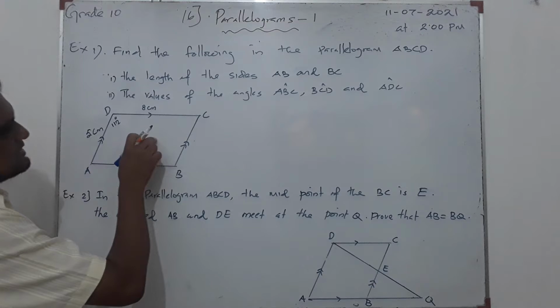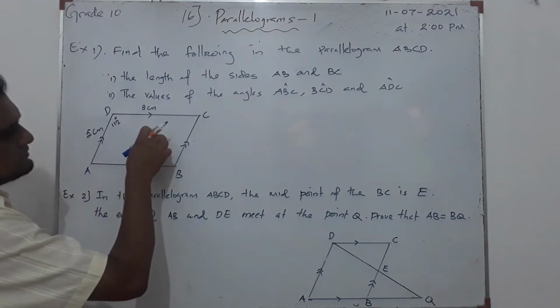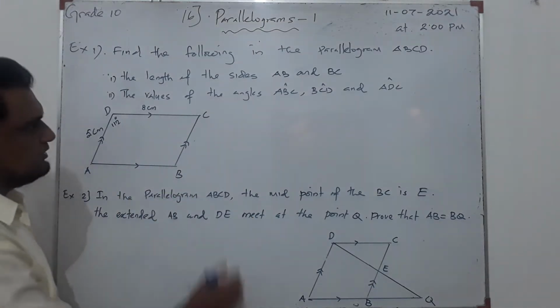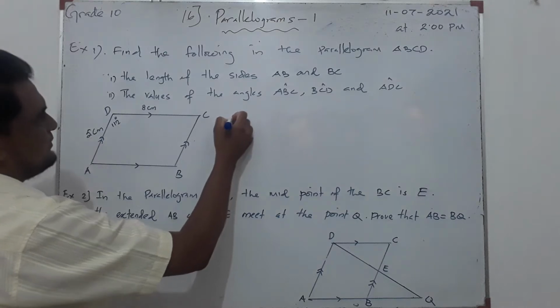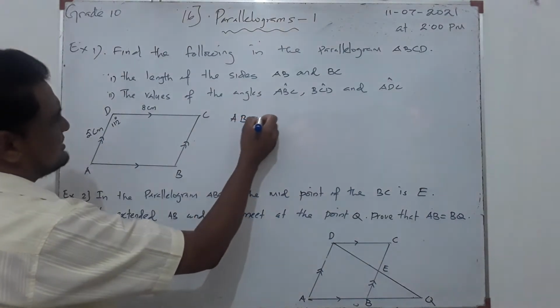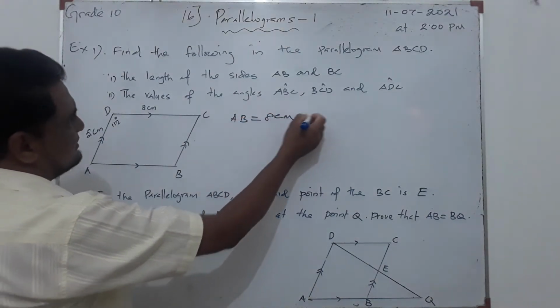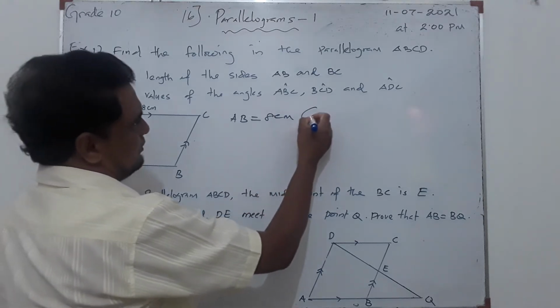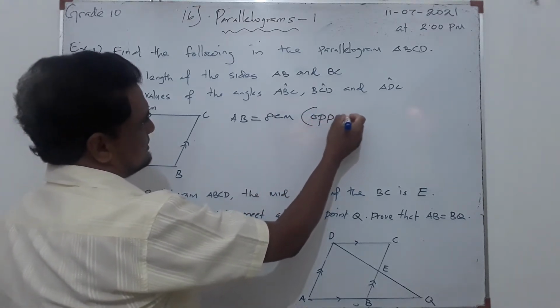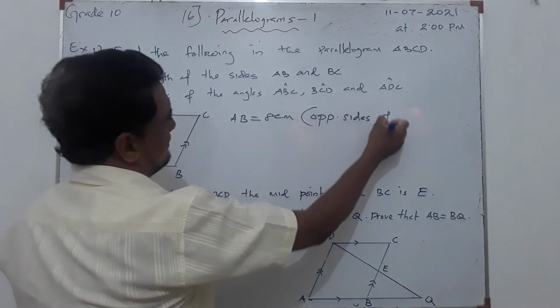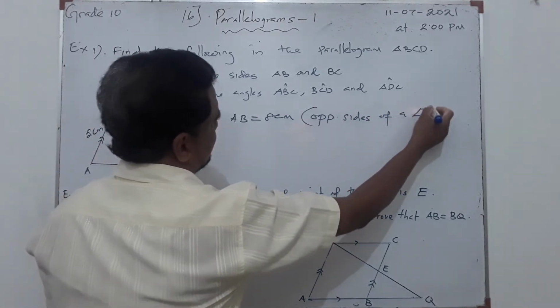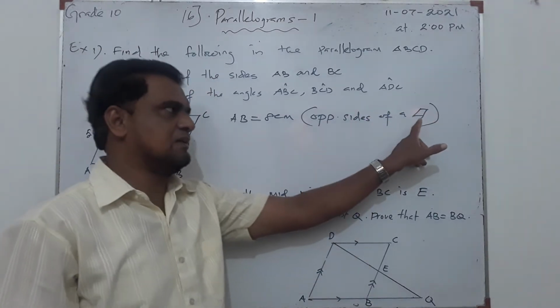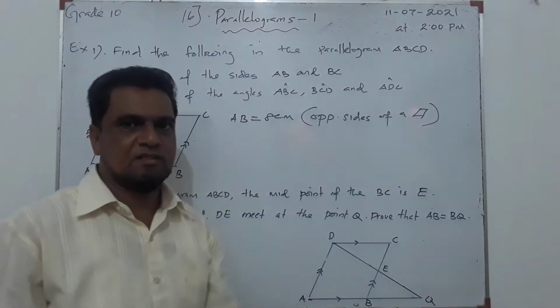Opposite sides of the parallelogram are equal to each other. Then you can put this here. AB is equal to 8 centimeter. The reason is opposite sides of a parallelogram, right? You can put this small picture, right?